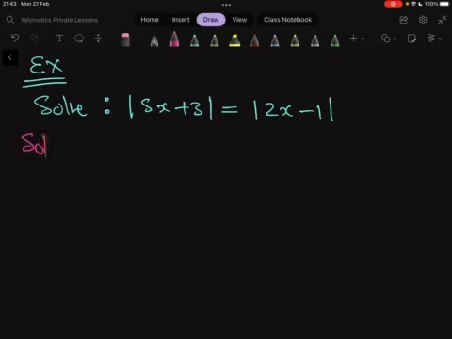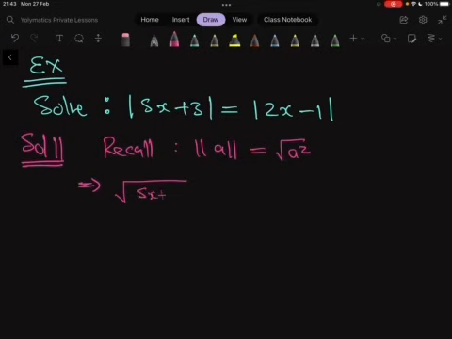At first we'll recall that the absolute value of any number is the same as the square root of that number squared. So knowing this, the left hand side of the equation can be written as the square root of (5x plus 3) squared, and the right hand side can be written as the square root of (2x minus 1) squared.